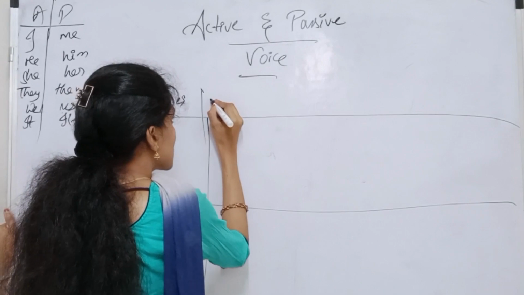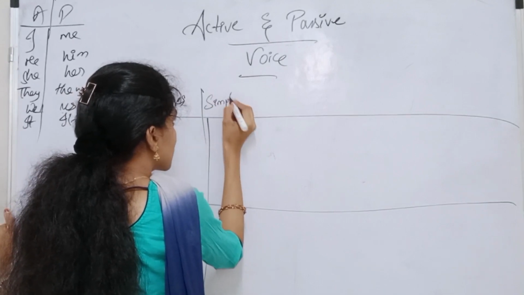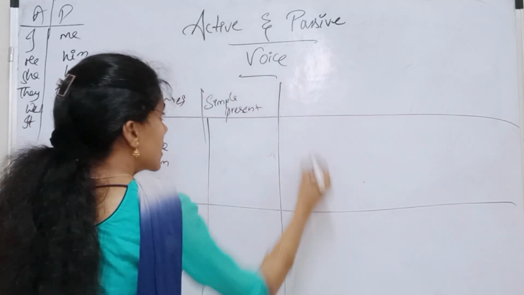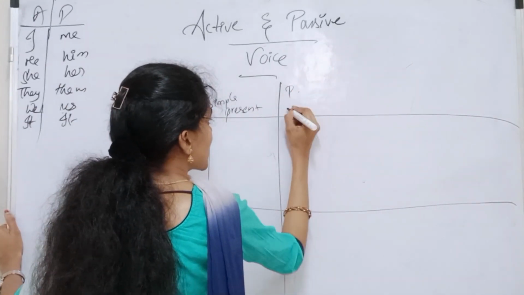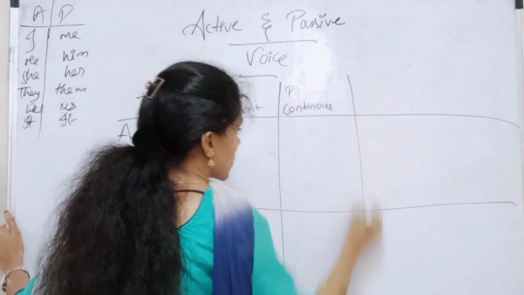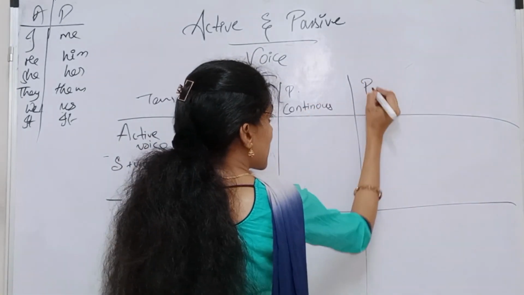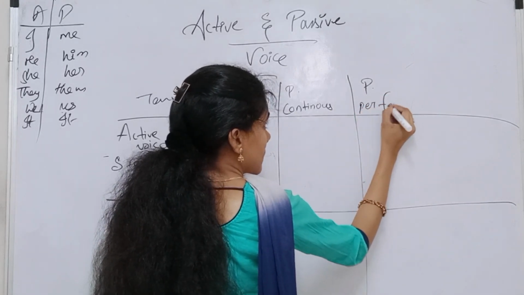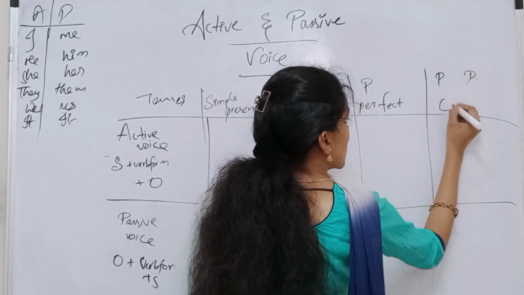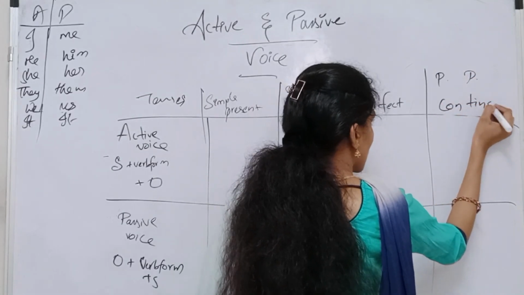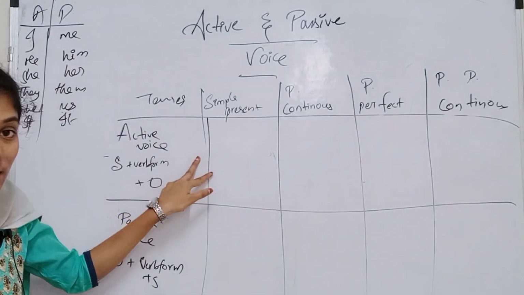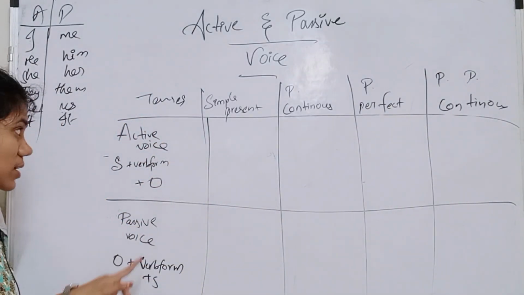First one is simple present tense. Second one is present continuous. Third one is present perfect. Fourth one is present perfect continuous tense. In present tense, these are the four tenses we have. Let us see how each is in active voice and how it is in passive voice.